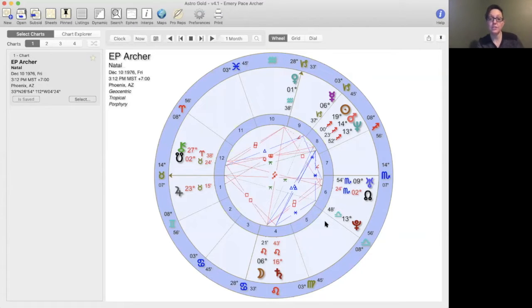I get really frustrated with websites and computer programs and people who list things as positive and negative, because obviously some things are easier, facilitated, harmonious, they just work. But that doesn't necessarily mean positive. What if you're a person who needs growth and challenge and needs to look at things from a different perspective, and you're in a relationship with someone where everything is easy? That's not necessarily what you need.